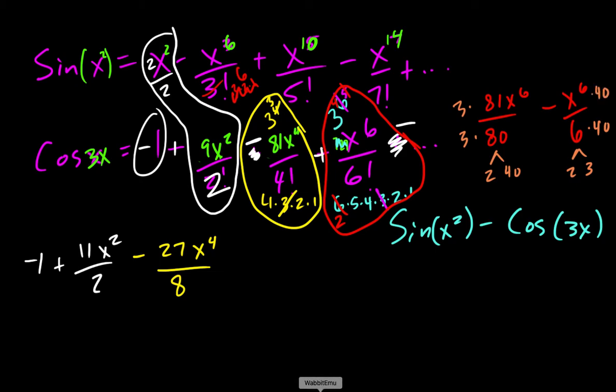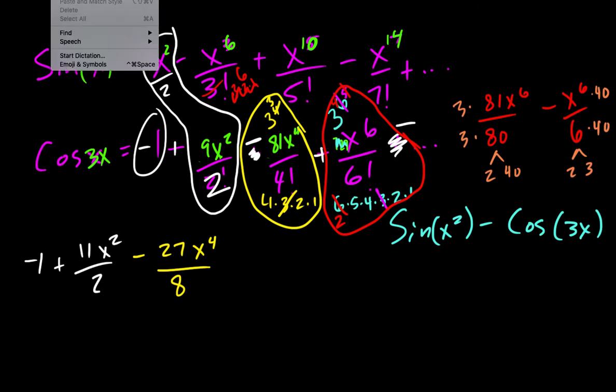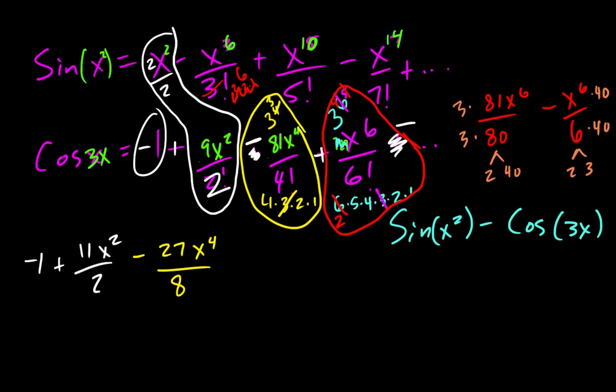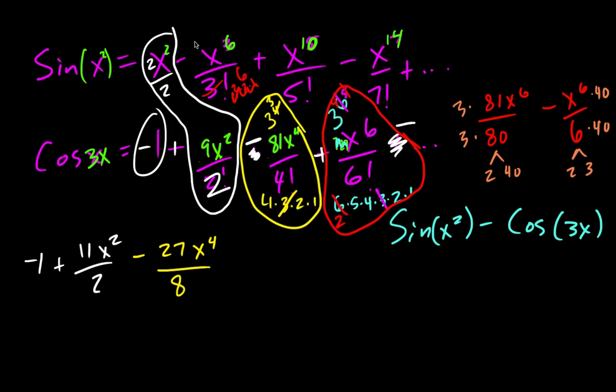Okay, let's just double check that that works out. And so that's going to be 80 times 3, it's 240. I don't know why I wasn't thinking. Okay, so the bottom is 240 for both of them.